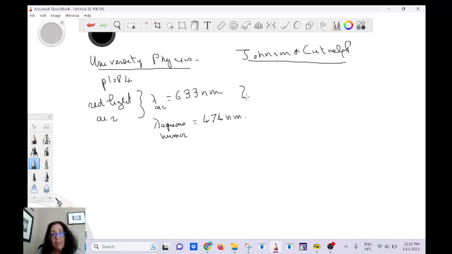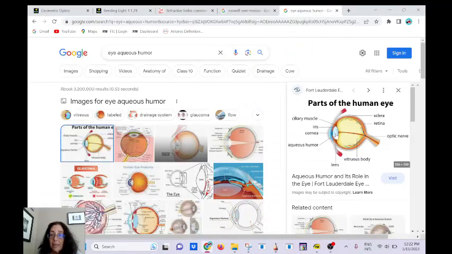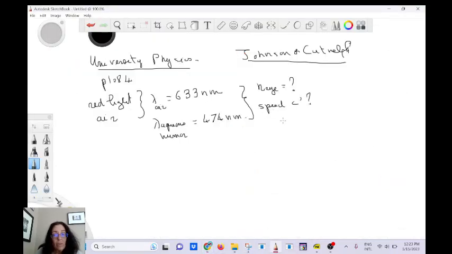The question is, can you find the index of refraction of that liquid in the eye? Then can you find the speed of light in that medium, which is part of your eye? And the last question is, can you find the frequency?